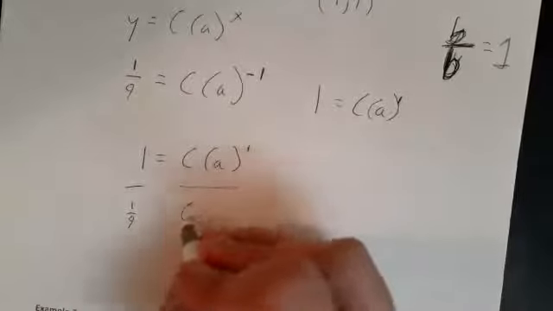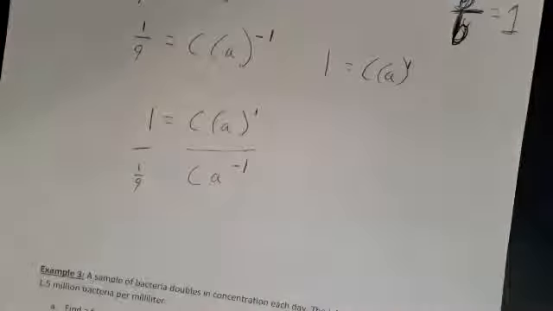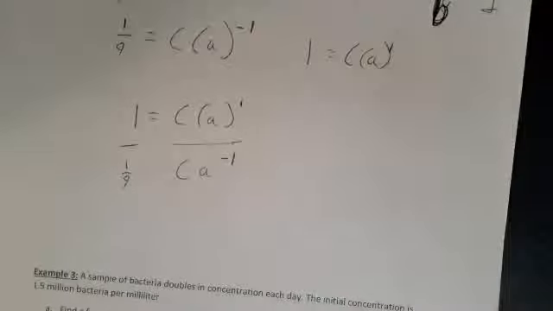This has CA to the -1 on this side. And to be honest, you can go either way with this. You can divide either way.